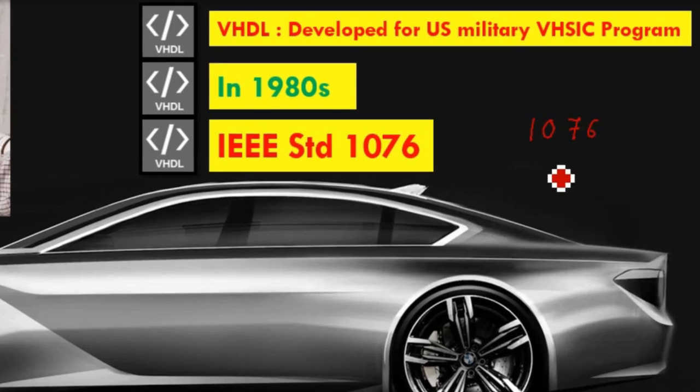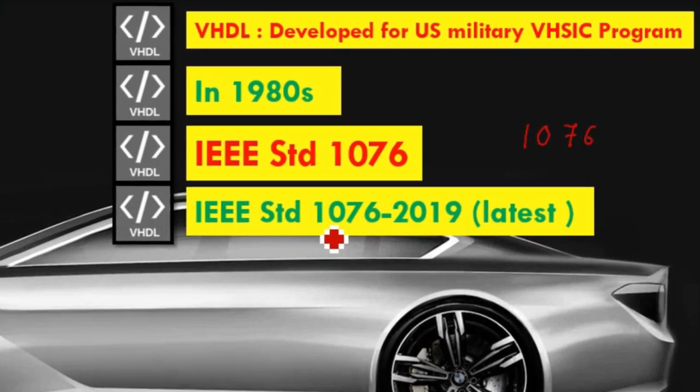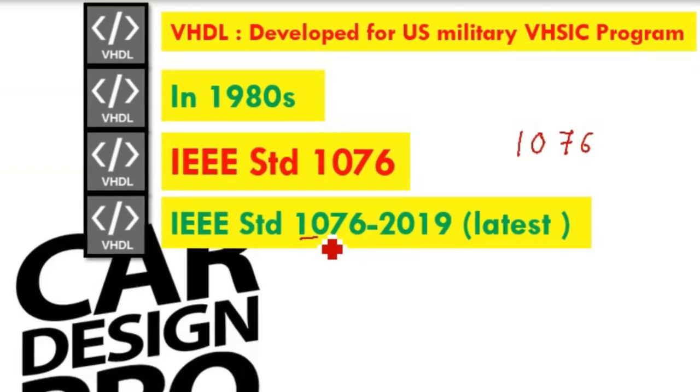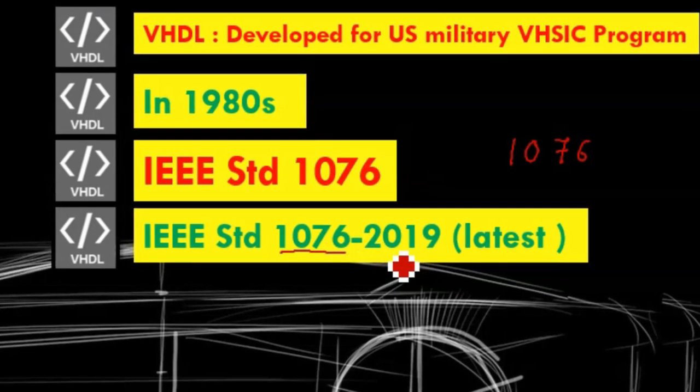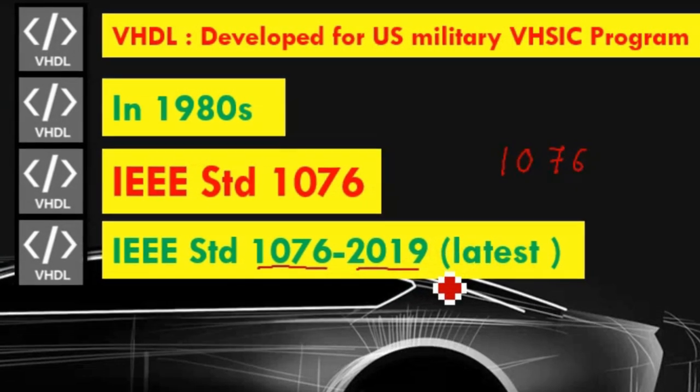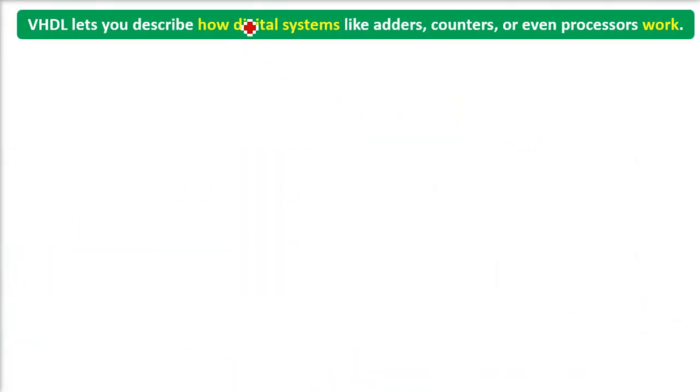The latest version as of now is IEEE Standard 1076-2019. So VHDL lets you describe how digital systems like adders, counters, or even processors work.